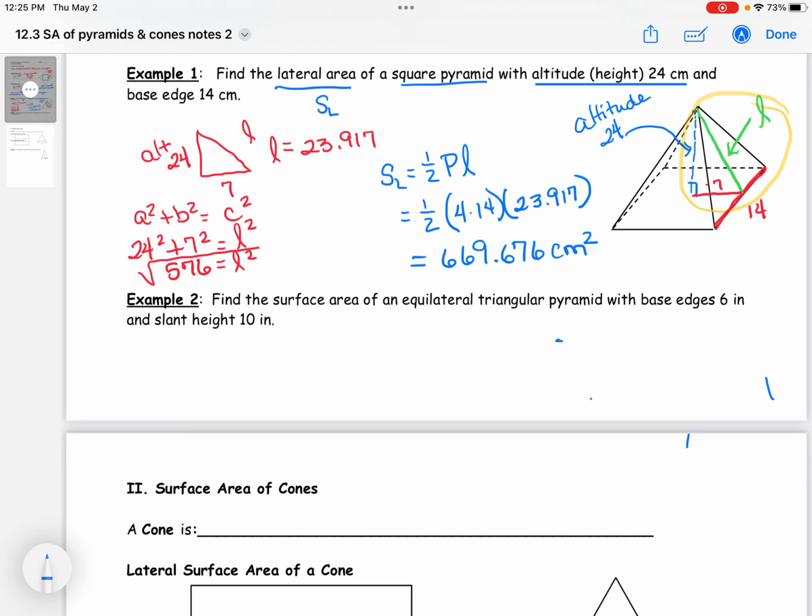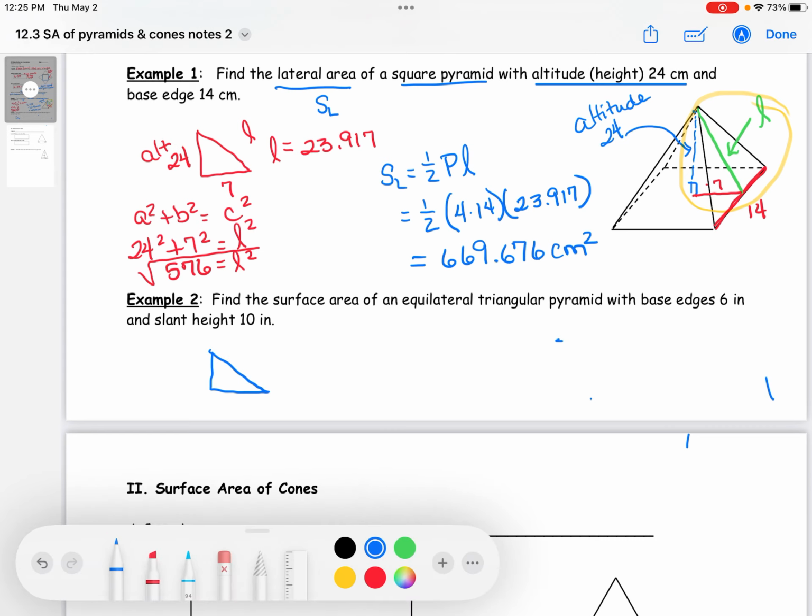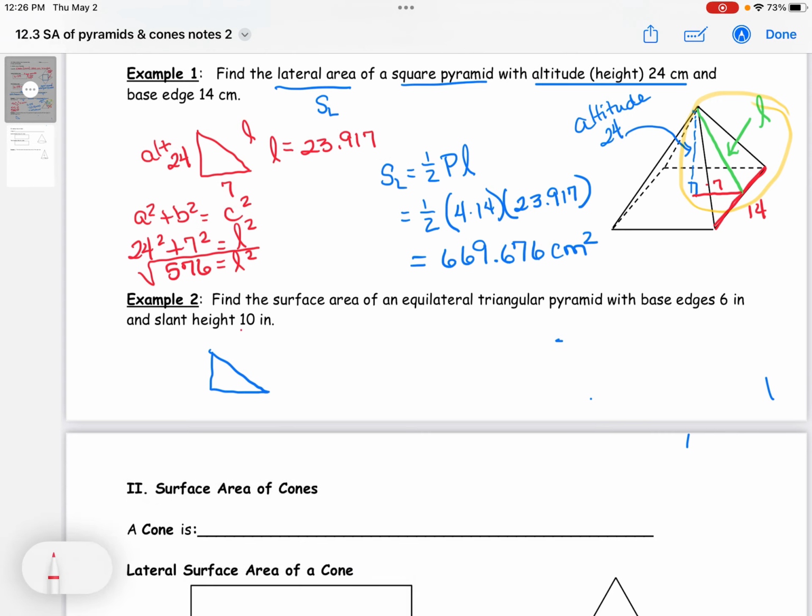All right, so the next one is a little bit harder for me to draw because it's a triangle that's a pyramid. So here's my triangle. I'll just make it a right one so it'll be easier. And then what I do is I pick a point and then I draw that to all my corners, so this would be the top, if that makes sense.